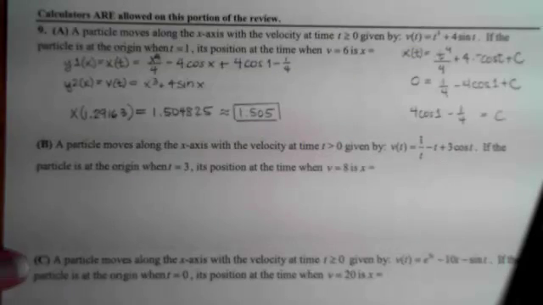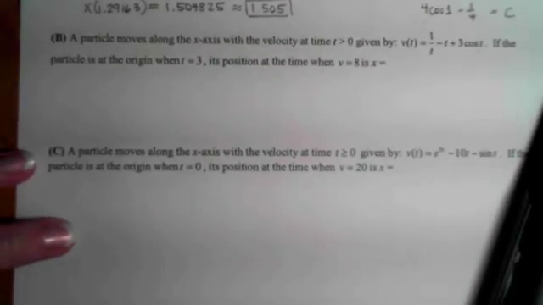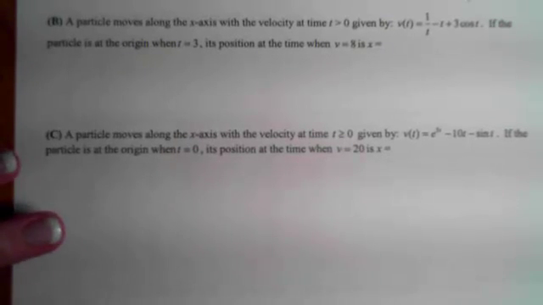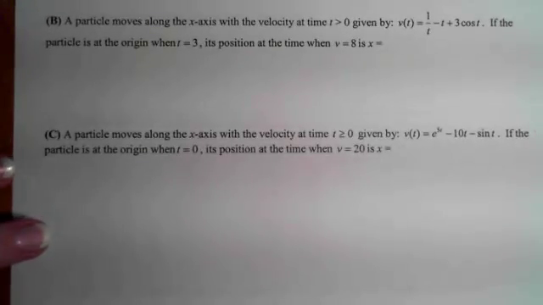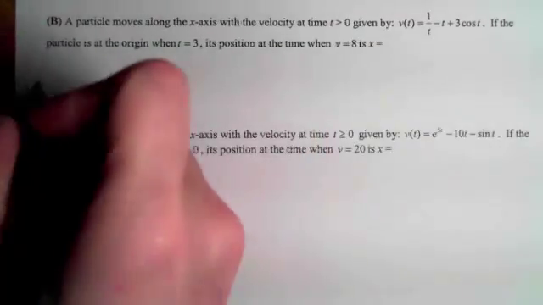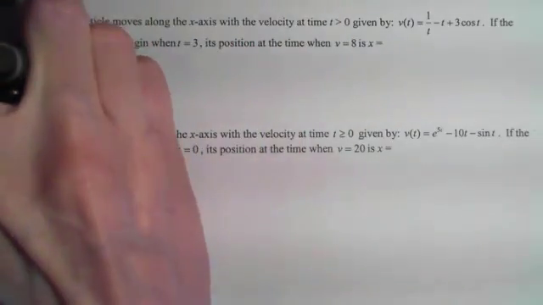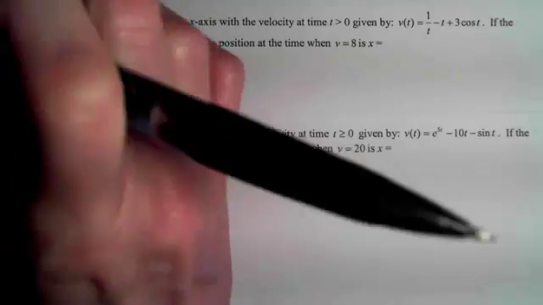So part B works exactly the same way. We need to know what our velocity is. We need to know what our position is. We've got our velocity already. That's going to be our y2 of x.